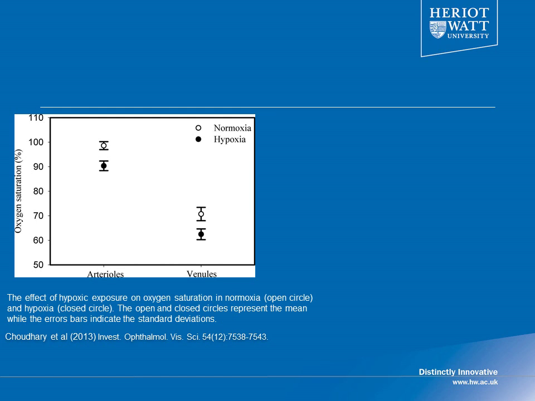What we found is that if you make somebody hypoxic, both the retinal arterioles register a decrease in oxygen saturation, and so too do the venules.